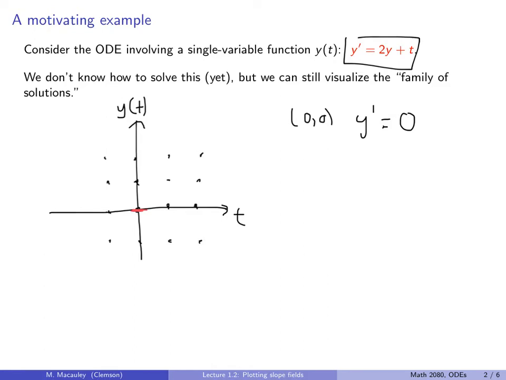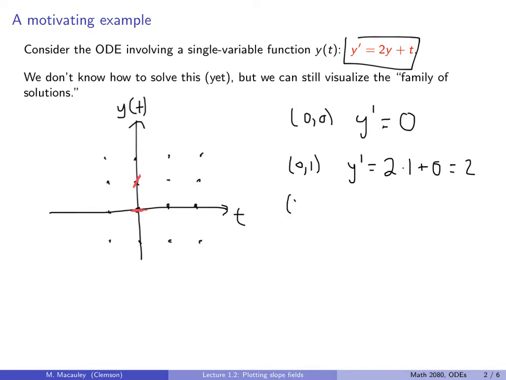So at the point 0, 1, y prime equals, again, 2 times the y value, which is 2 times 1, plus the t value, 0, and that's going to be 2. So at 0, 1, I'm going to draw a line that has slope 2. Let's do a few more of these.